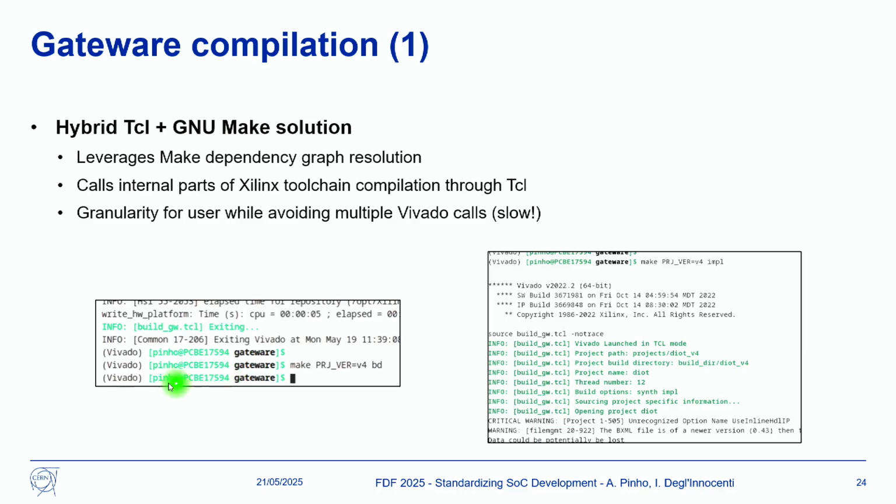Right after that, you can see on the right, I asked the make system to build me the implementation of the gateware, and of course, it was not done before, so it has to be done. But you can see here in the build options, it says synth and implementation. So it knows already that it doesn't need to create a block design again, it doesn't need to create a project. So it goes straight to the point.